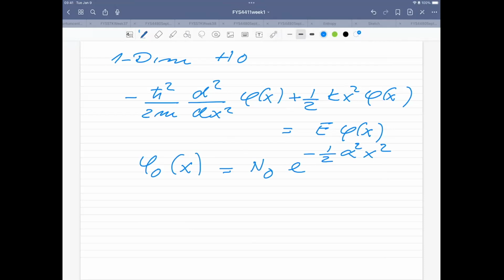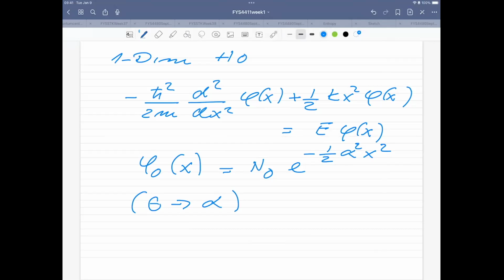This alpha is equal to 1 for the exact solution. But we are going to treat this alpha as a variational parameter, and we're going to vary alpha. So the parameter theta, which we discussed earlier, is now going to go over to just a single parameter alpha. The exact solution is given by some normalization factor times e to the -1/2 times x squared.